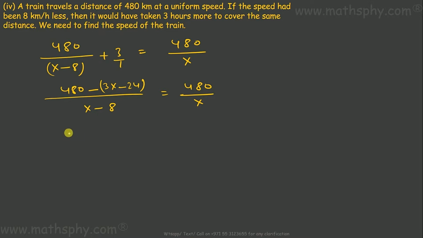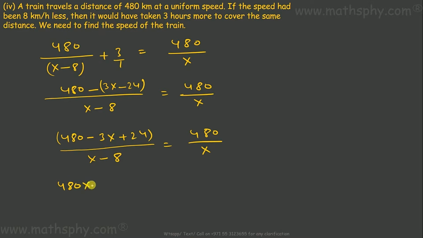So this will be 480 minus 3x plus 24 over x minus 8 equals 480 over x. Let's do cross multiplication. This x gets multiplied with this. This gives you 480x minus 3x squared plus 24x.